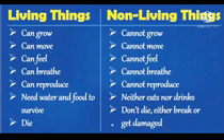Now let us see the difference once again to revise. Living things and non-living things. Living things can grow. They can move. They can feel. They can breathe. They can reproduce. They need water and food to survive.